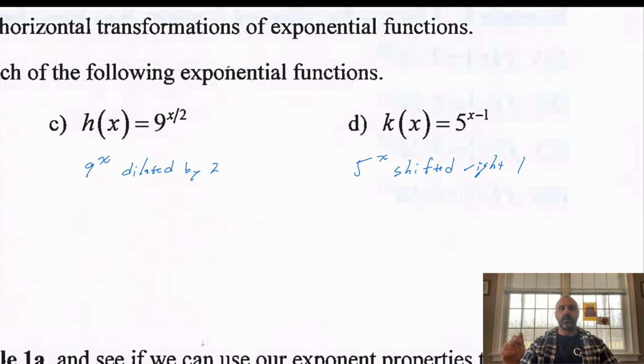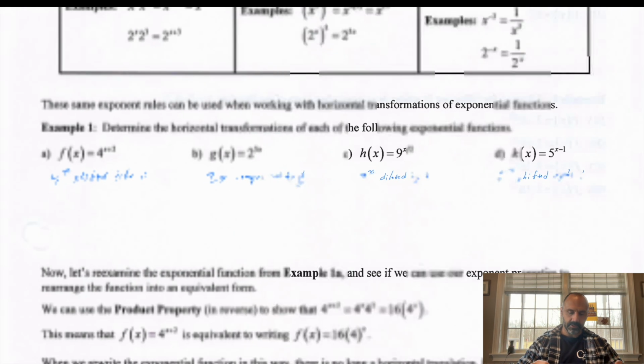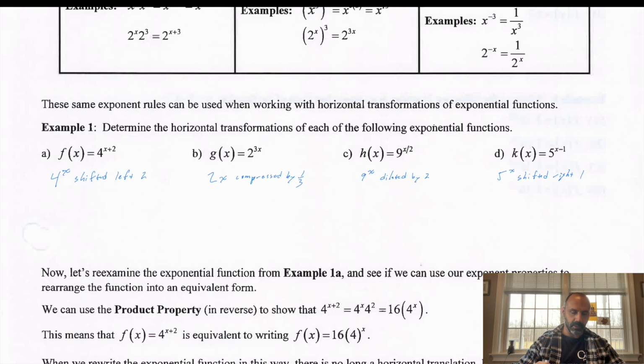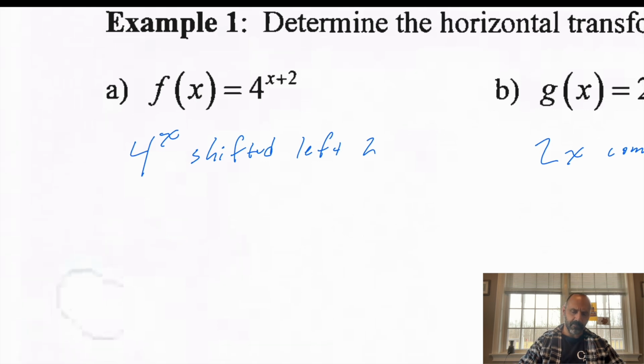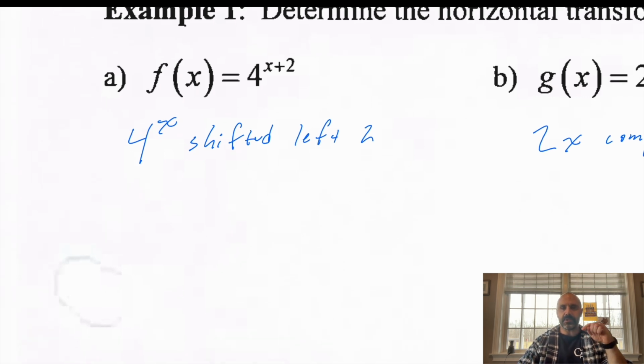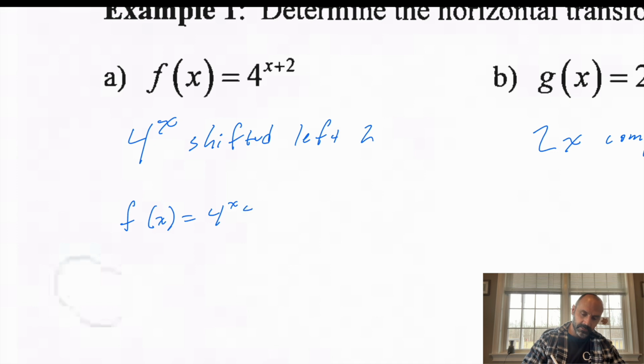All right, so that we can do. That makes sense, right? Because we've got all this stuff in the exponent, and we're evaluating it that way. But let's revisit example 1a. So this 4 to the x plus 2. Let's take a look at that. Based on our exponent rules, this would also be f of x equals 4 to the x times 4 squared. Interesting.